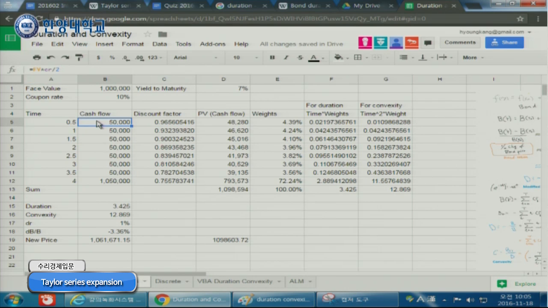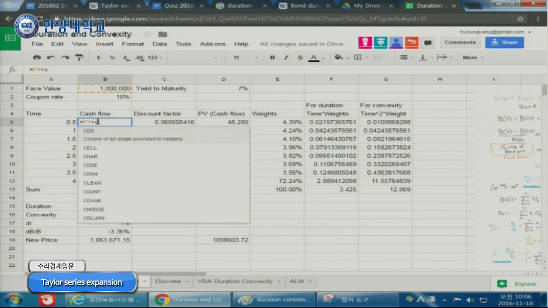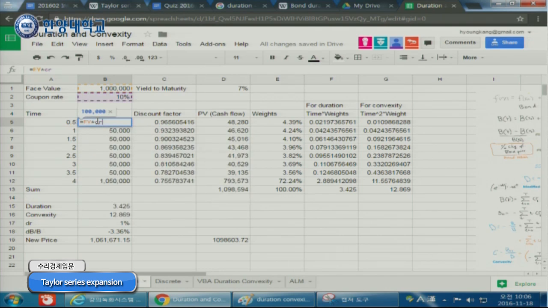Remember in a bond, the formula is fixed. So every year I have to pay 10% of the face value as coupon. So for 6 months, I only pay 5%. That's why I have 50,000 won. What I do is face value multiplied by coupon rate, which is CR, divided by 2 because I pay every 6 months.